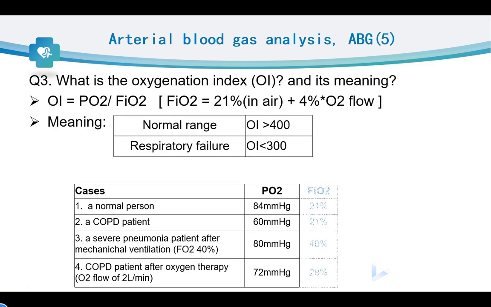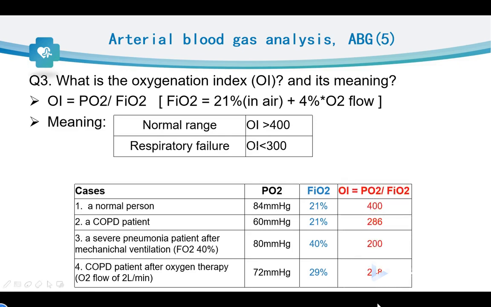But once we consider the fraction of inspired oxygen and work out the oxygenation index for each case, does the answer change? Okay, let's look at the oxygenation index for each case. We can find that case 1 is also in the best condition because of the normal oxygenation index.